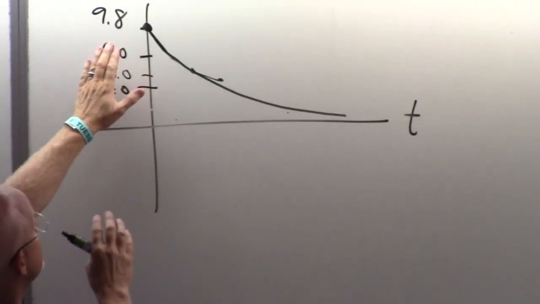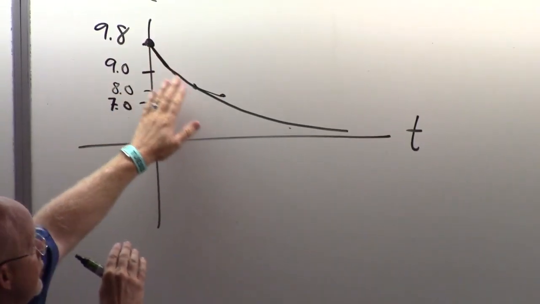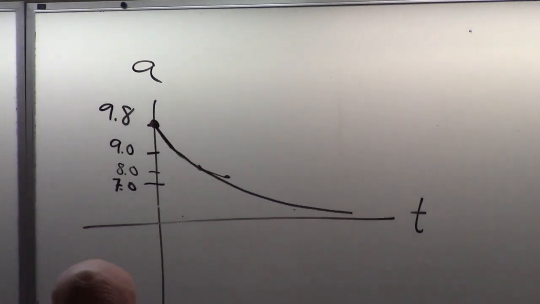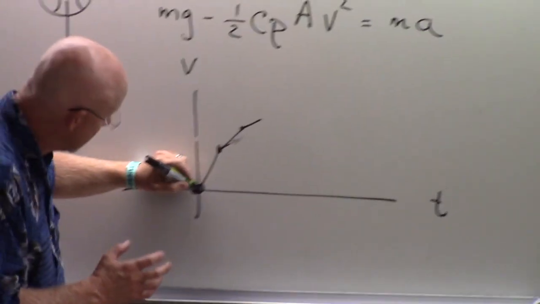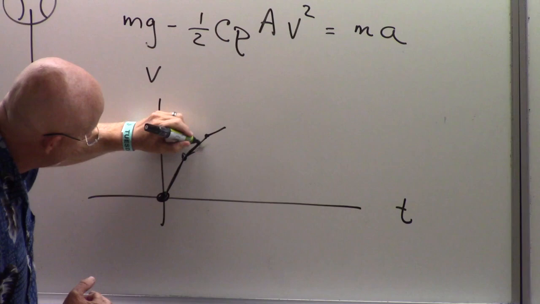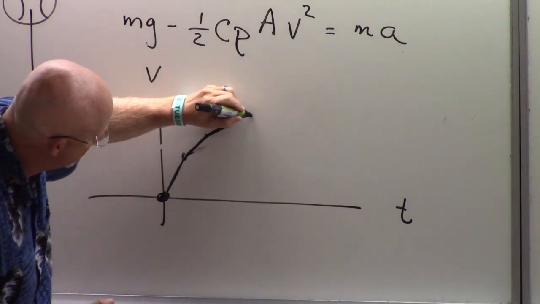It would start off with an acceleration of 9.8, and it would drop down and have less and less acceleration. And as the acceleration becomes less and less, the velocity keeps climbing at a smaller and smaller rate.